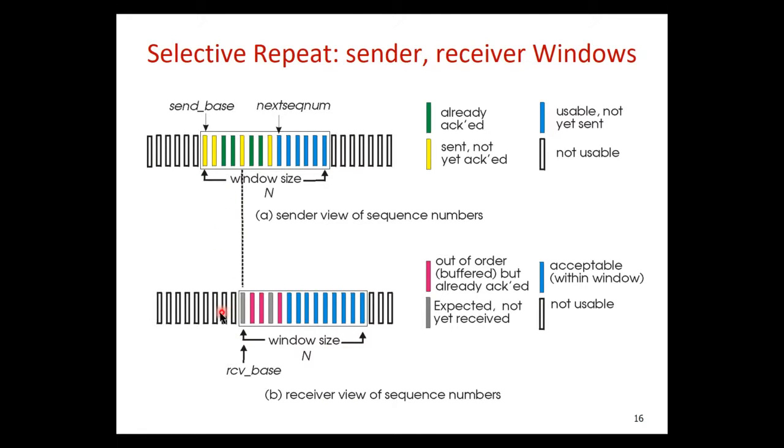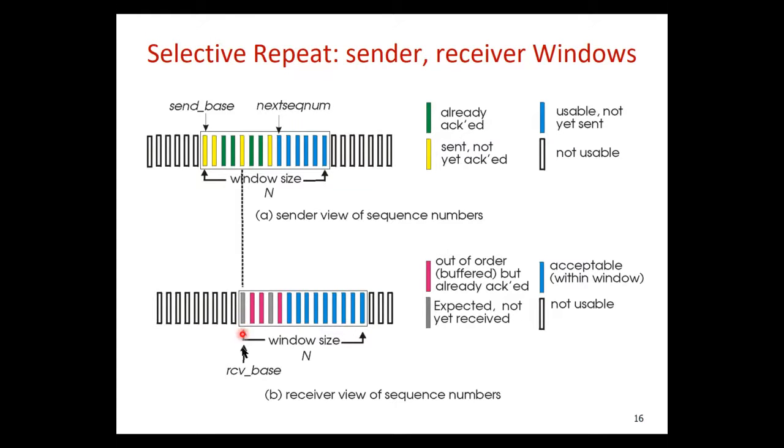So here, the bars which are vertically aligned correspond to the same sequence number. Let's assume for concreteness, this is 5, 6, 7, 8, 9. So this is number 9 at the receiver. The receiver maintains a state variable called receive base, which is the lowest sequence number of the receiving window.